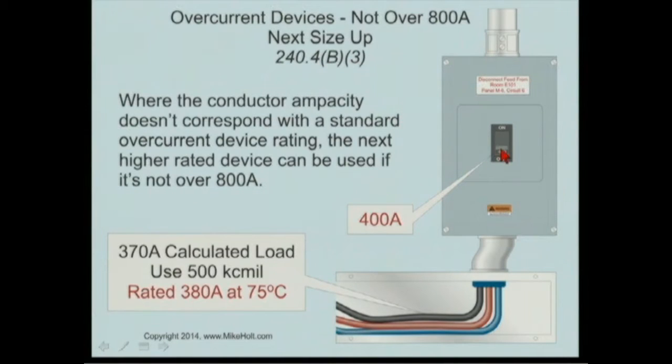So whenever the ampacity doesn't correspond to a standard size, which is really common, you go to the 75 degrees C column and look at the conductor ampacity. The problem is this: ampacity is defined per Article 100.